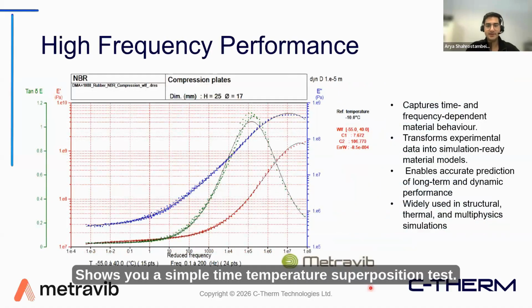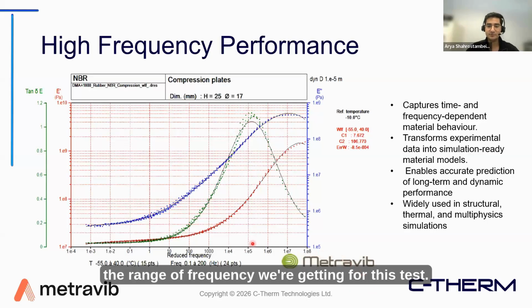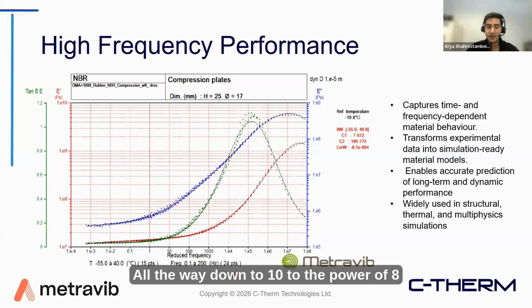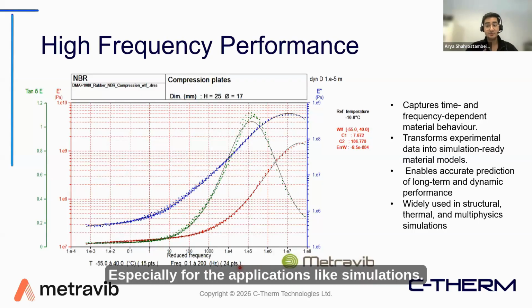shows you a simple time temperature superposition test. As you can see, the range of frequency we're getting for this test is significantly large, for example, from less than a millihertz all the way up to 10 to the power of 8 hertz, which is quite significant for us, especially for applications like simulations.